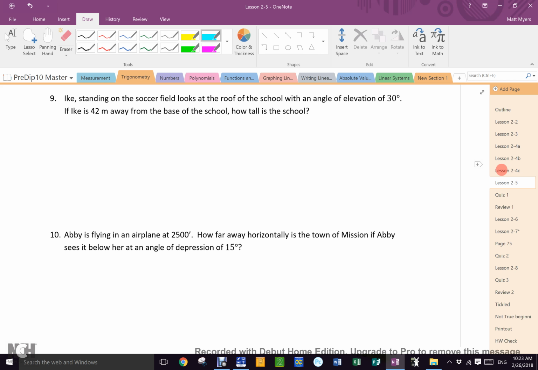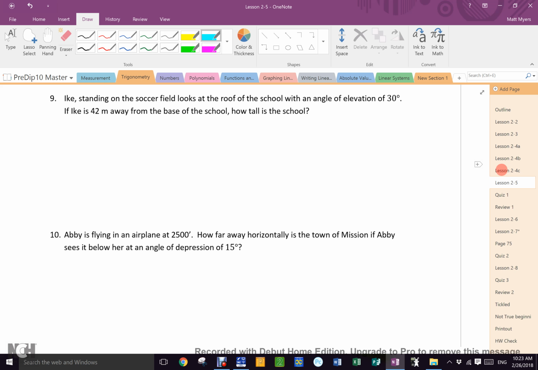What is the only thing in common between every trig question? They all have a triangle. At your level right now, all of those triangles are what kind of triangles, Luke? Right triangles. So you always are going to need a right triangle, so you can almost always draw one.